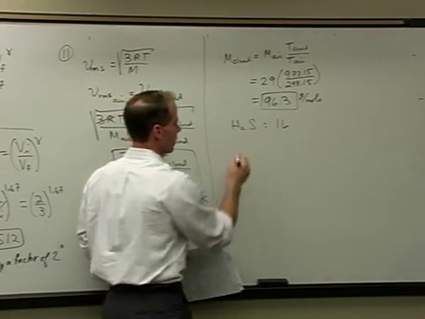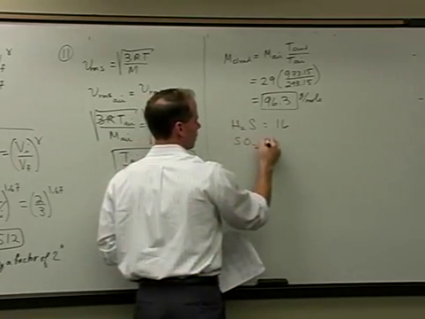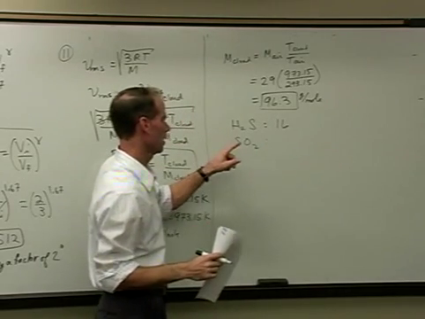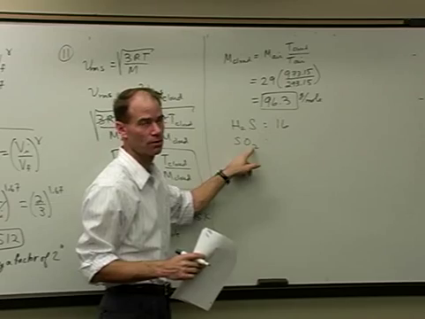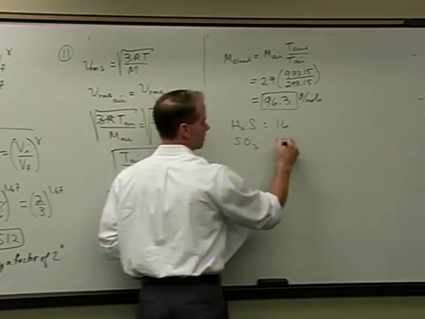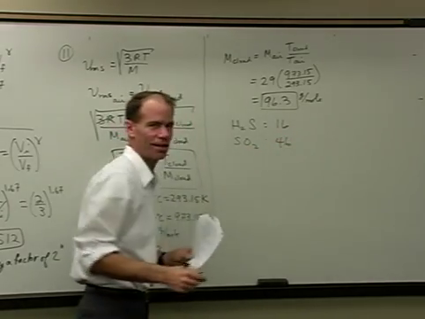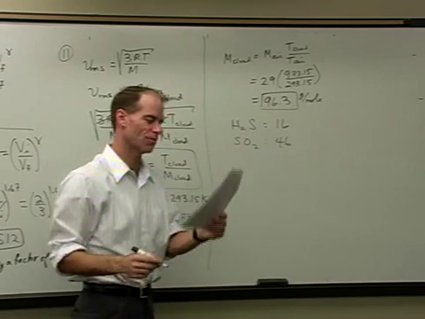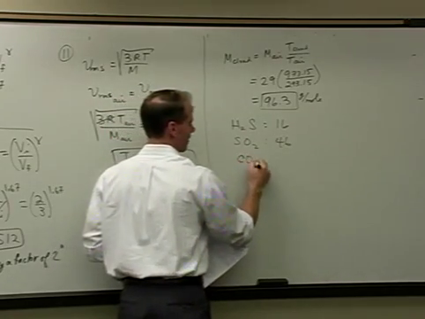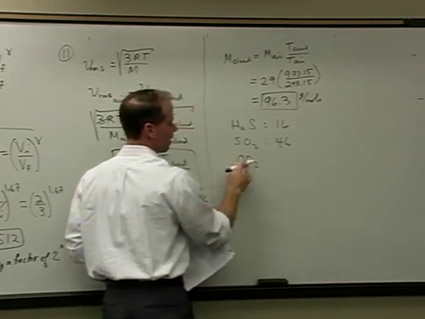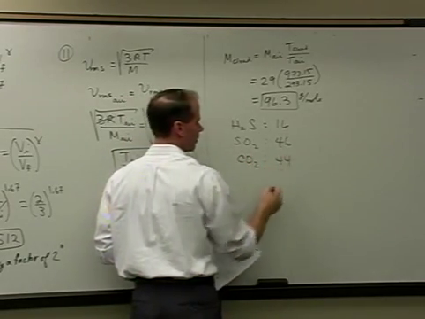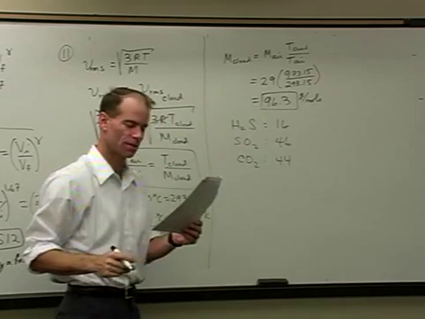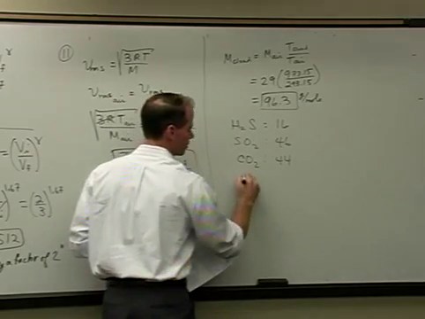We have SO2. We have 14 plus 16 plus 16, which would be 32, 46. Not quite yet. We have CO2, which would be 12 plus 16 plus 16, which would be 44 grams per mole. No, that doesn't work. We have nitrogen oxide.